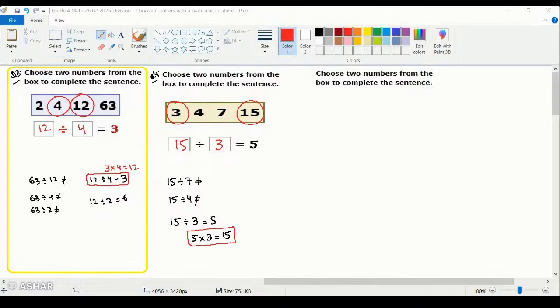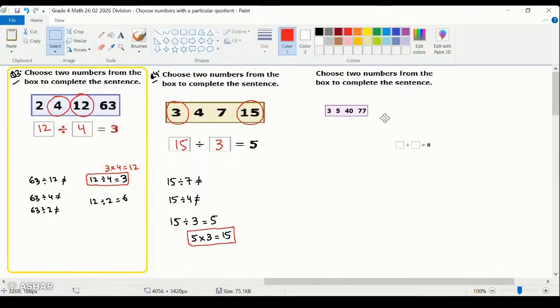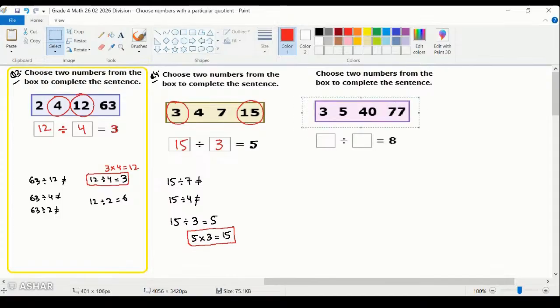The four numbers that are given to us are 3, 5, 40, and 77. This is our question number 5.